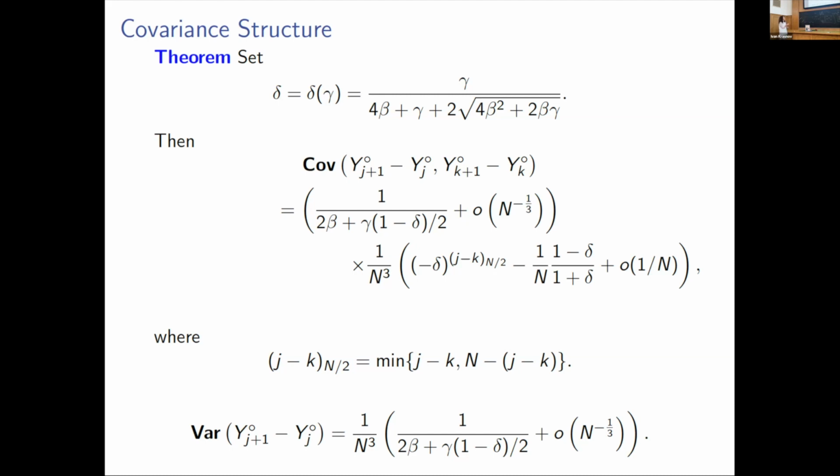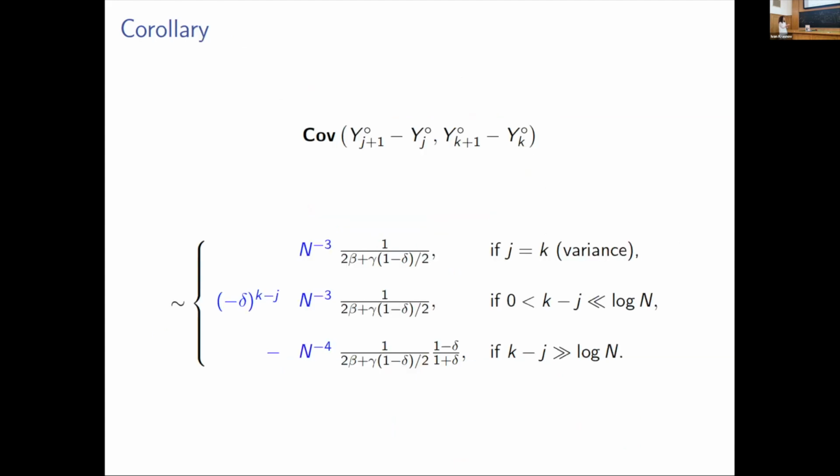Also what is interesting here is that when j minus k is increasing, the order of covariance is changing. So what we have out of that formula is that when j is k, the variance is of order n to the minus q.